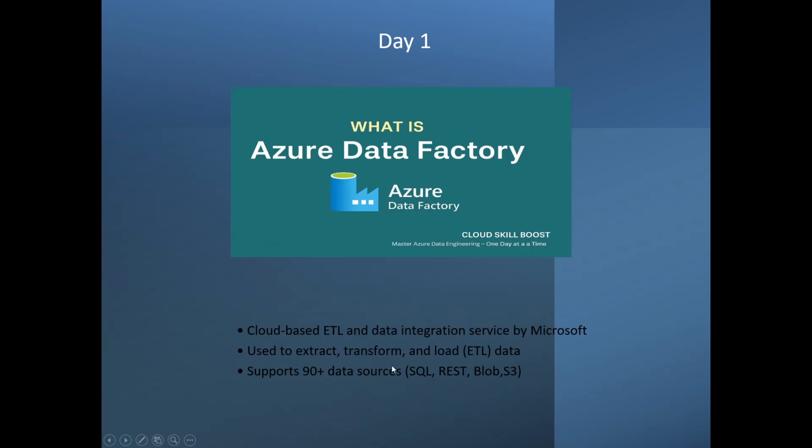Different sources can export the data to ADF in different formats, and ADF is going to be able to accept that data. It's going to see, okay, this is SQL Server data, I understand what that is. So it's going to accept that data and then do whatever we tell it to do.